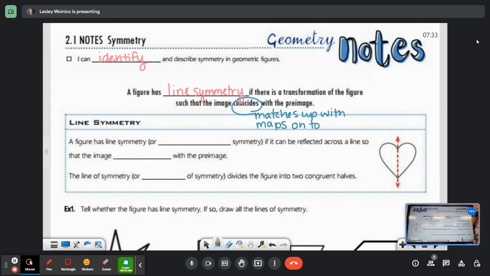Okay, so another name for line symmetry is reflection symmetry. And that's because it can be reflected across a line so that the image coincides with the pre-image.